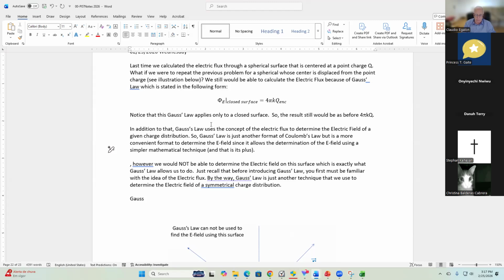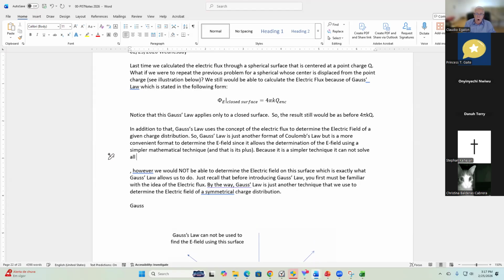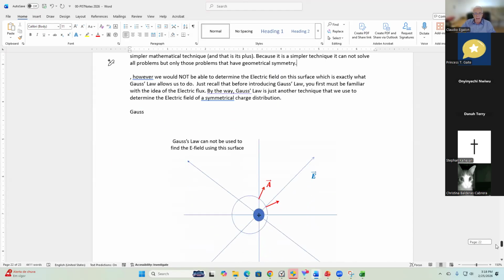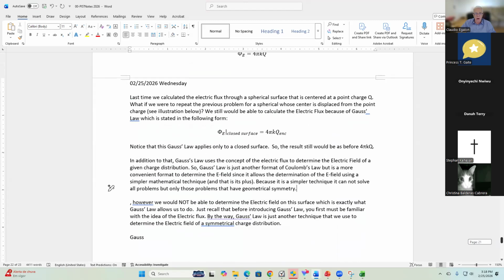On the other hand, since it is a simpler technique, it cannot solve all problems, but only those problems that have symmetry, geometrical symmetry. And now we go back to that case of the sphere whose center is displaced from the electric charge.